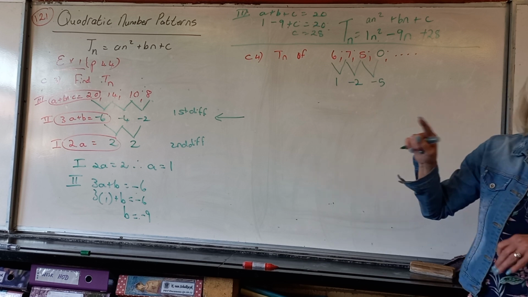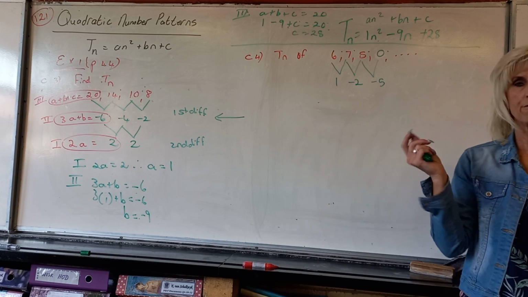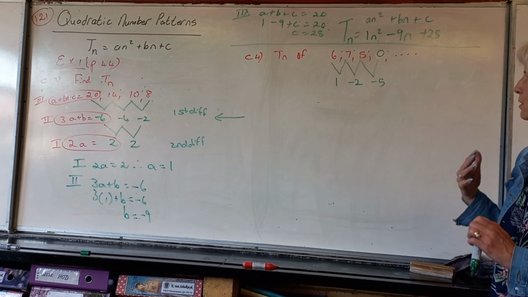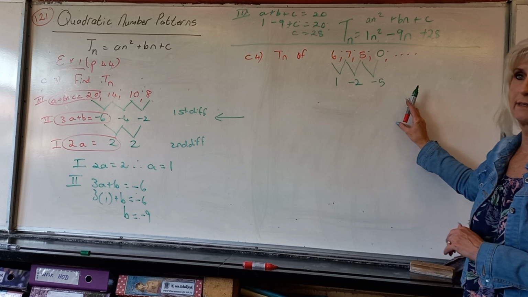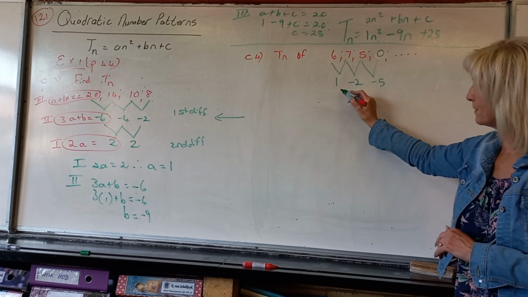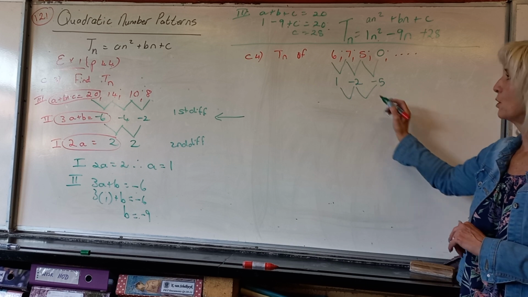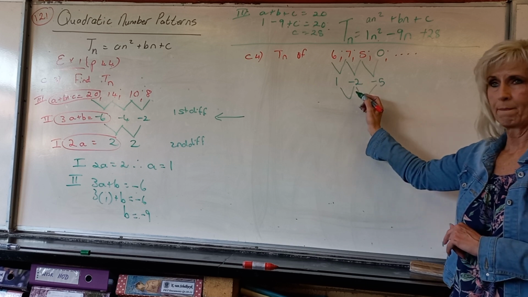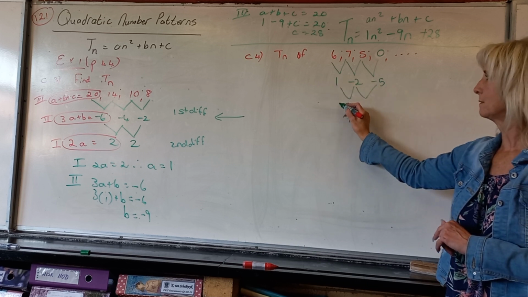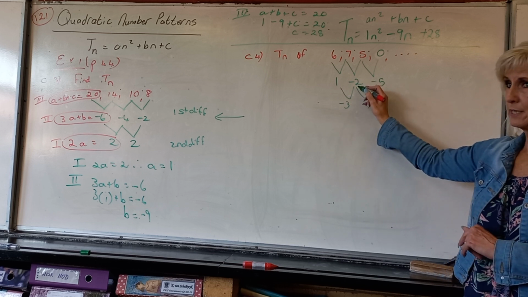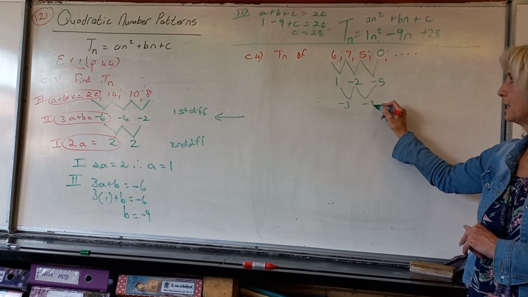Because if I just say to you, there's the pattern, go find me the general term, I feel a little bit uneasy to say already that this is definitely a quadratic one. Because if it's quadratic, this has to be the same second difference, which is minus 2, minus 1, minus 5. Minus minus becomes a plus, which also gives me negative.